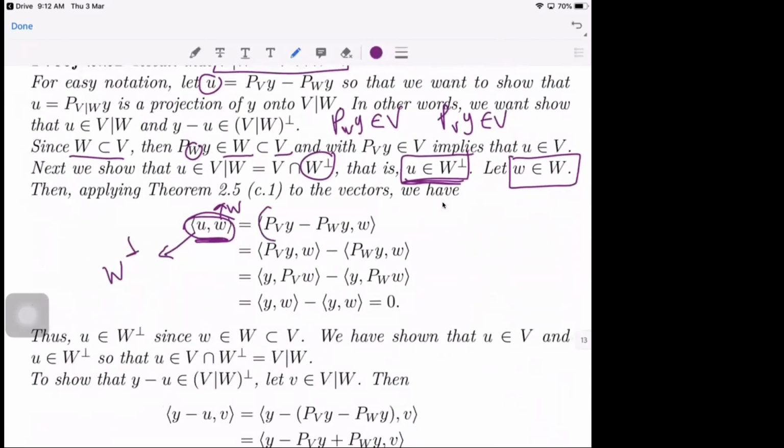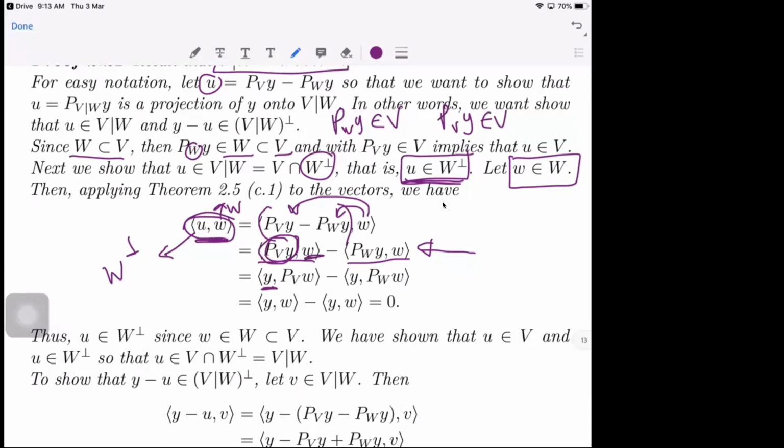So U is the difference between the projection of Y onto V and the projection of Y onto W. This second line is just the linearity of projections and application of inner product. You have this. And then you have a result, lemma 2.2, that if Y is in V, then the projection of Y onto V is just Y. The same thing here.